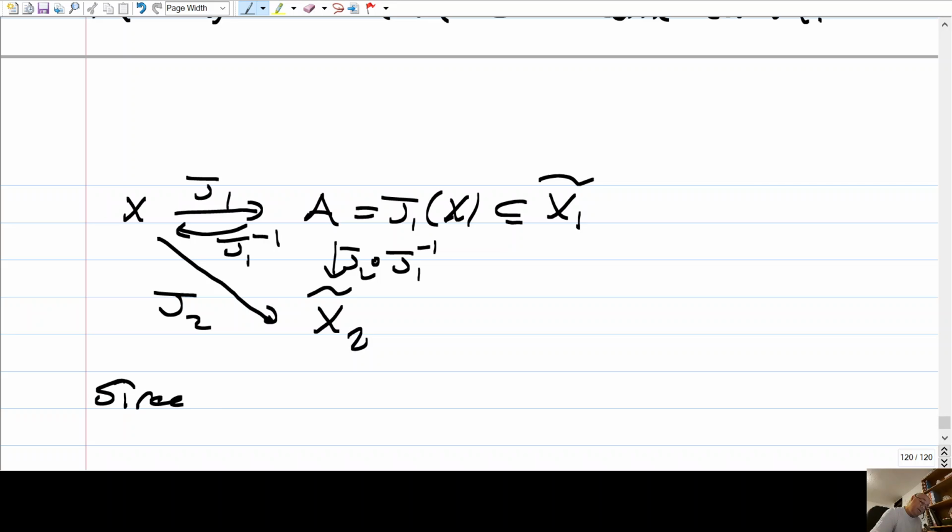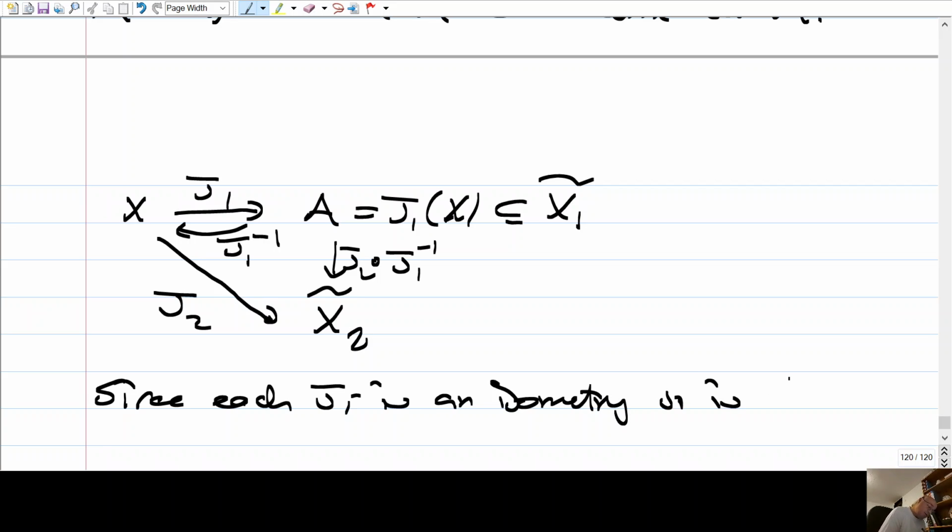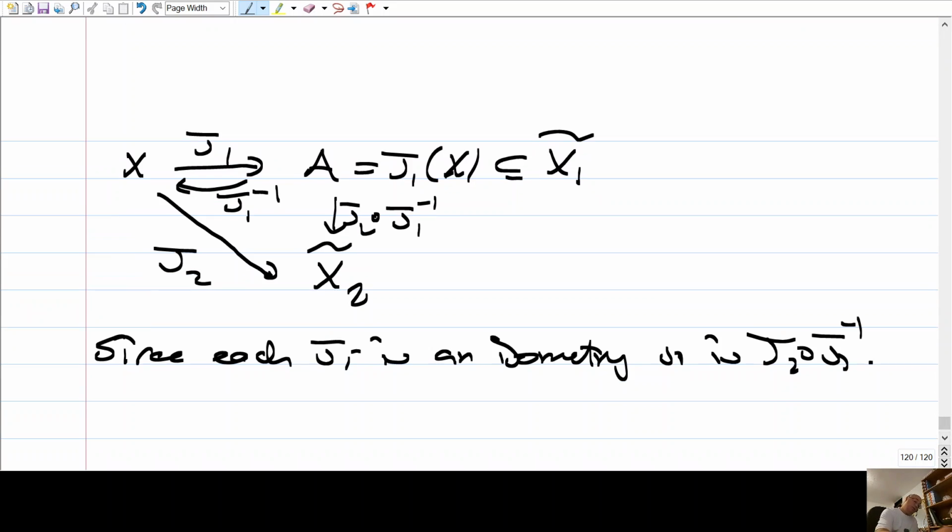So since each Ji is an isometry, so is J2 composed with J1 inverse. Well, now this map is an isometry. In particular, it is uniformly continuous, right? An isometry just preserves the distance.